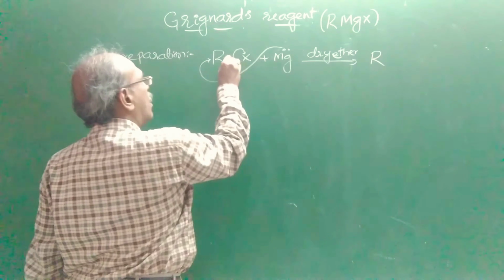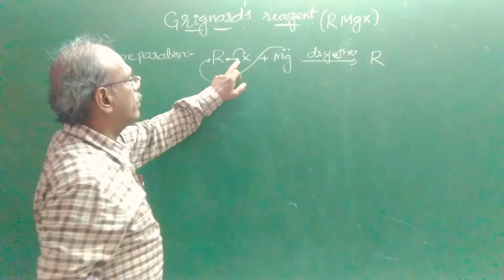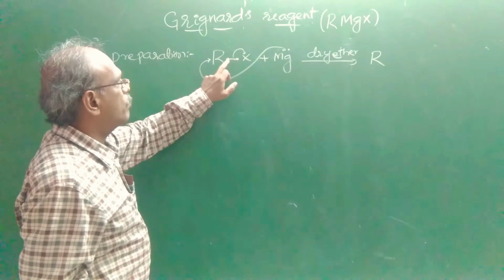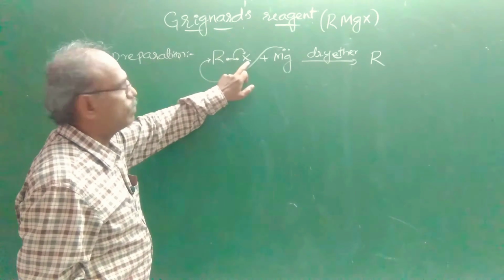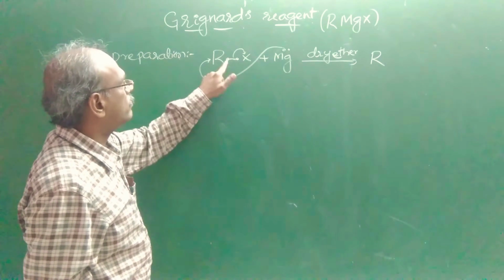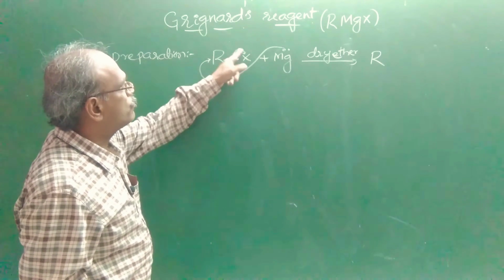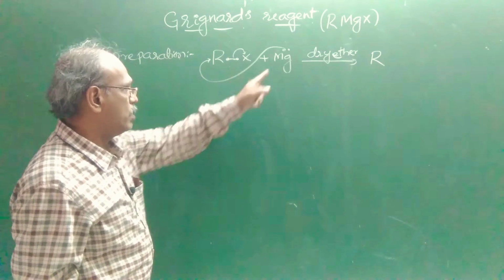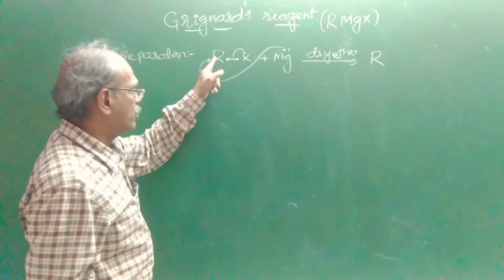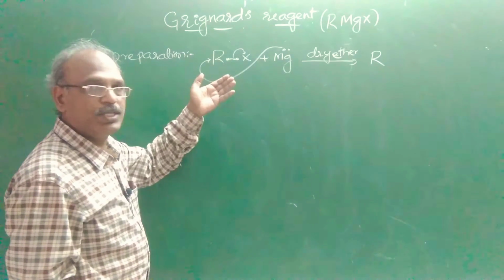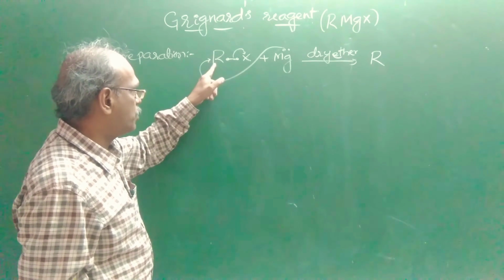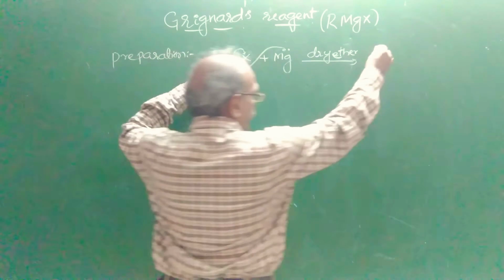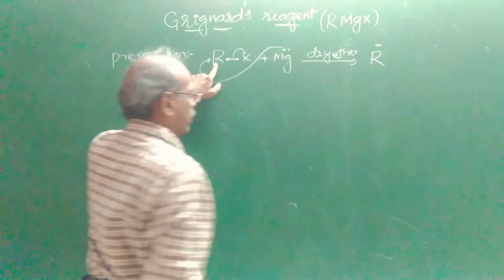For this carbon, out of this pair, one electron belongs to this carbon and another one to this halogen. Now if this pair moves towards the halogen, the loss for this carbon is 1 electron, but here it is gaining 2 electrons. So the net change is an increase of 1 electron, addition of 1 electron for this carbon. So because of that it becomes R minus.